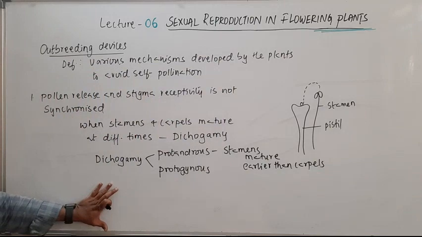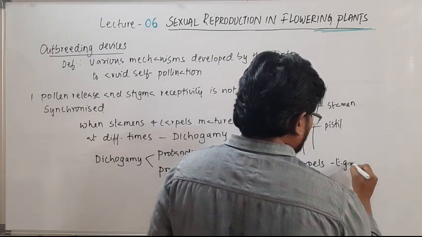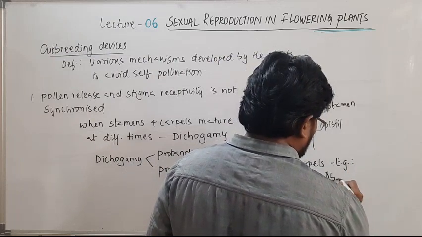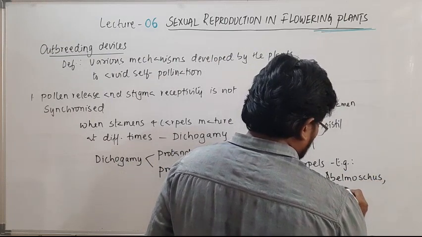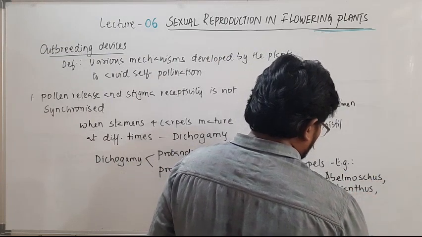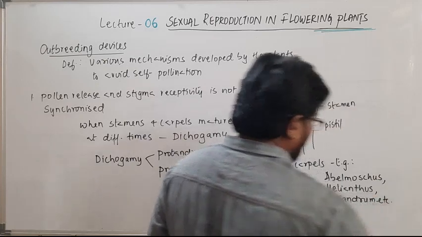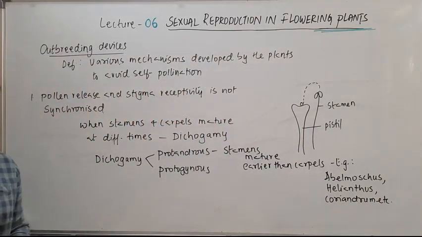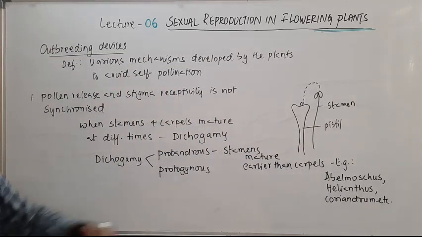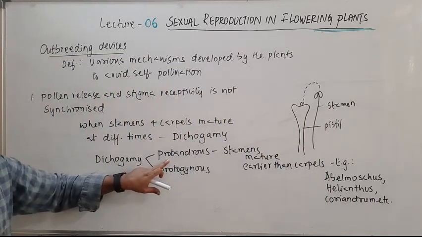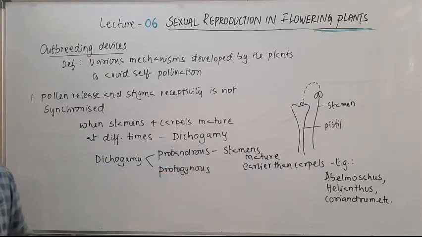So we can see this protandrous in case of plants like Abelmoschus, then Helianthus, then Coriandrum, etc. are some examples in which, even though they have these bisexual flowers, they show the protandrous condition. So where you will see that stamens are going to mature earlier than the carpels.